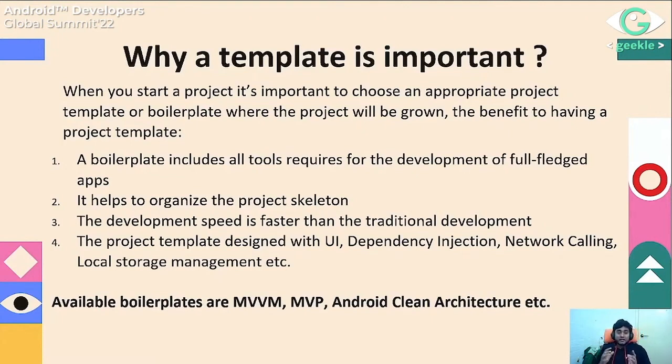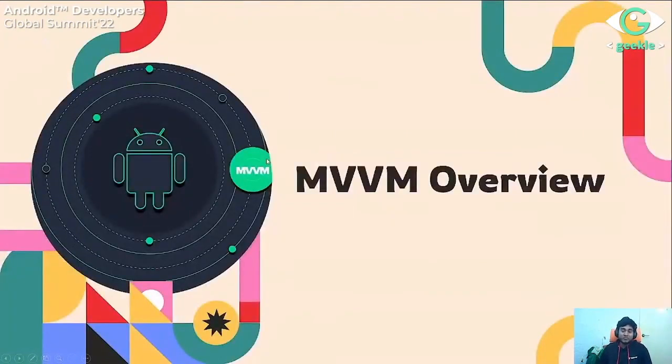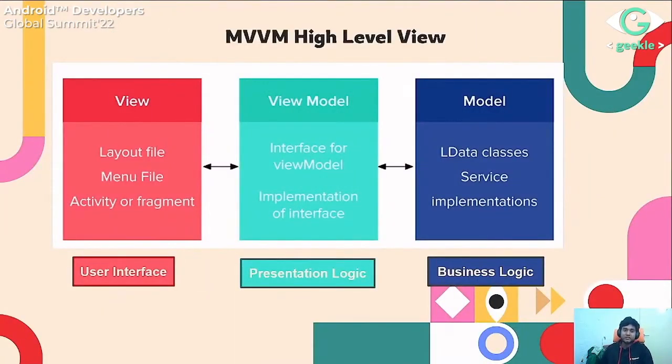The available architectures or boilerplates are MVVM, which is known as Model View ViewModel, MVP, Model View Presenter, or recently Google has introduced Android clean architecture. As my topic is MVVM project templates, I need to discuss more about MVVM, like what MVVM really is and what the components of MVVM are. So here you can see the high-level view of MVVM, where the view mainly represents the user interface.